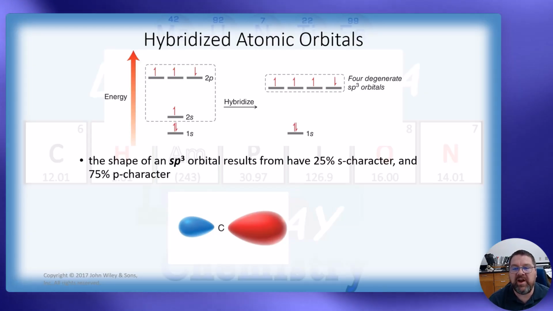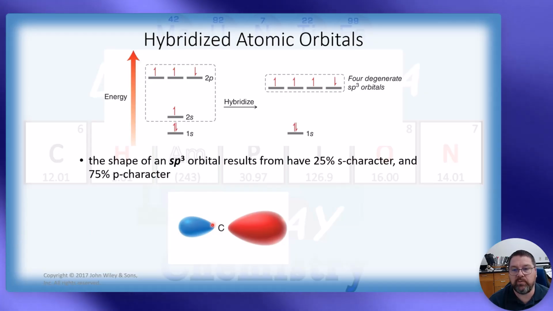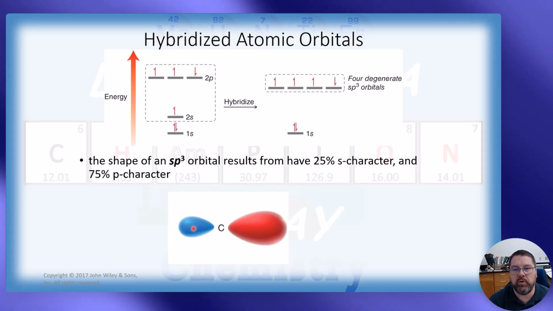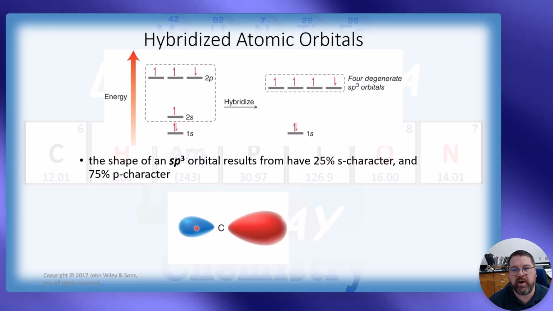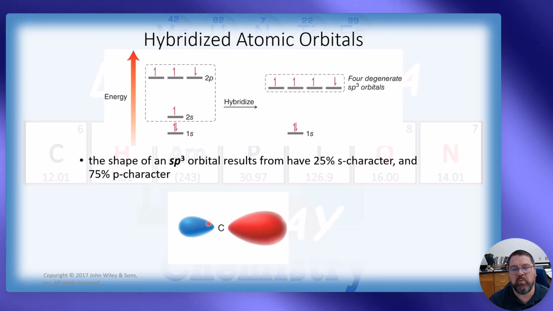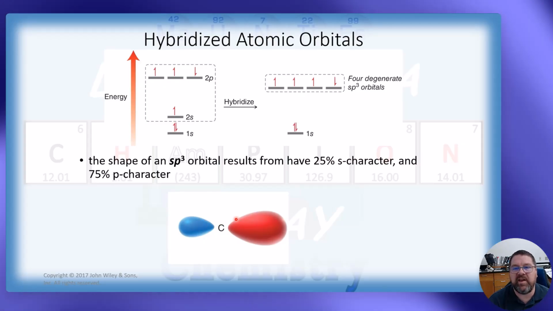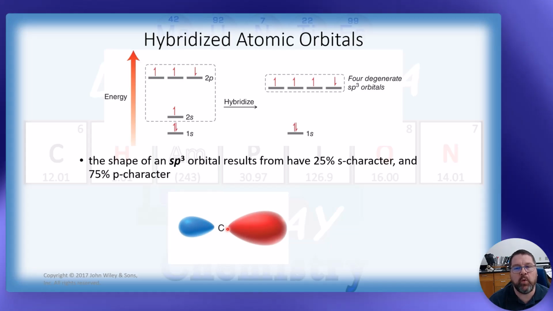Now, this right-hand orbital, the one shown in red here, is getting a little more spherical, right? The blue lobe on the orbital is significantly smaller. So it's almost more baseball bat shaped, if you want to think of it that way. But the point is that you are changing the nature of the orbitals where these electrons are going to be residing.